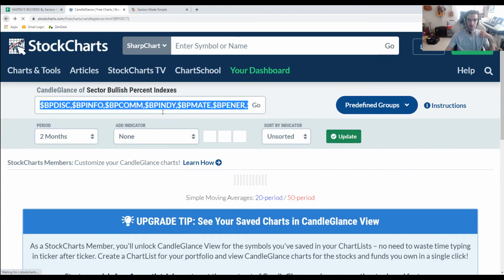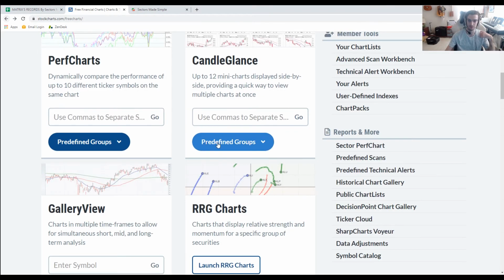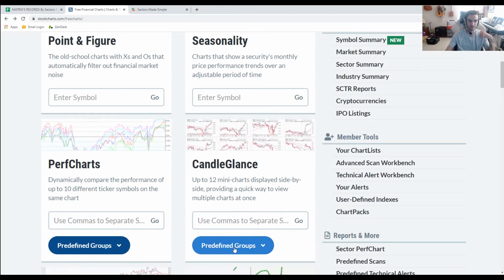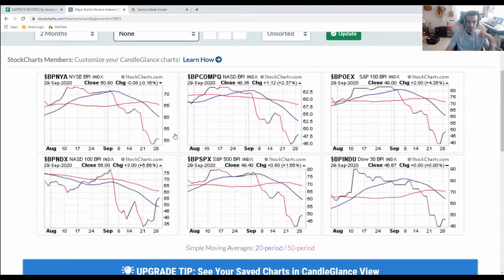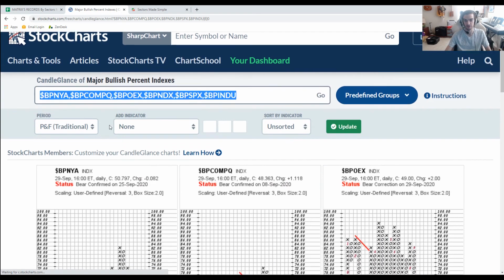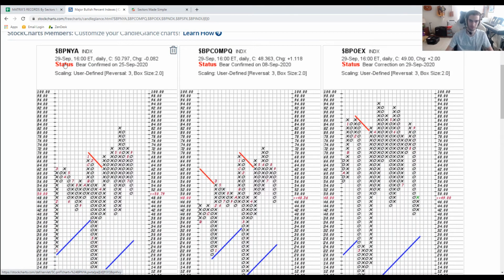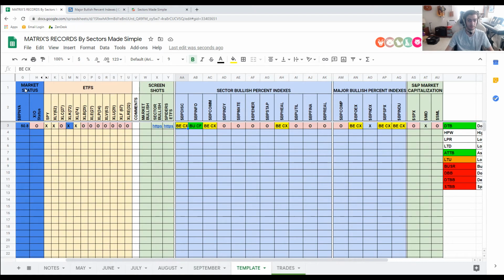Then, under candle glance, the next step is to do the major bullish percent indexes, which gives us 6 different markets. We already have the BPNYA, that was our atmosphere.